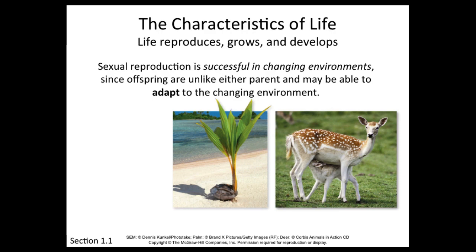Sexual reproduction is successful in changing environments because offspring are genetically unlike either parent. And because they're genetically unlike either parent, they may be able to adapt to that changing environment. It's not guaranteed that they'll be able to adapt, but it's possible.